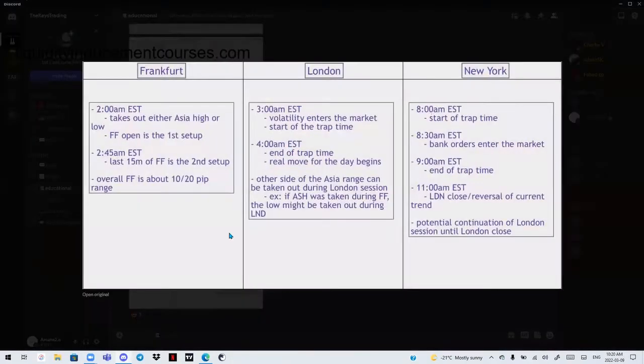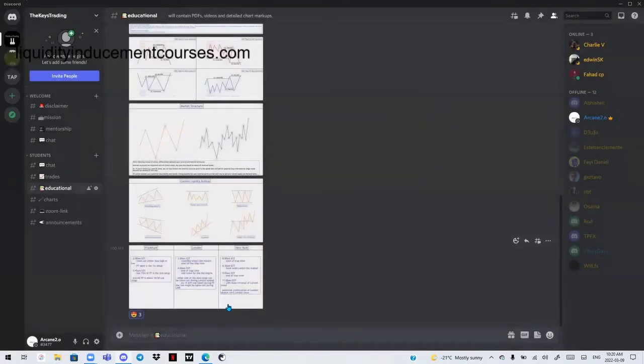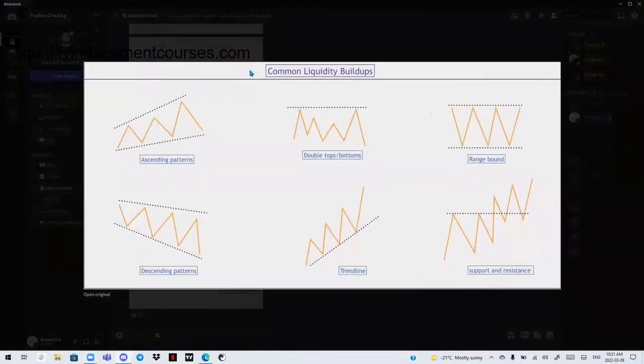You can study these, and after you study them, you need to look for the inducement, and the inducement should be a breakout, quote unquote, of one of these areas. So either a breakout here, this is inducement.